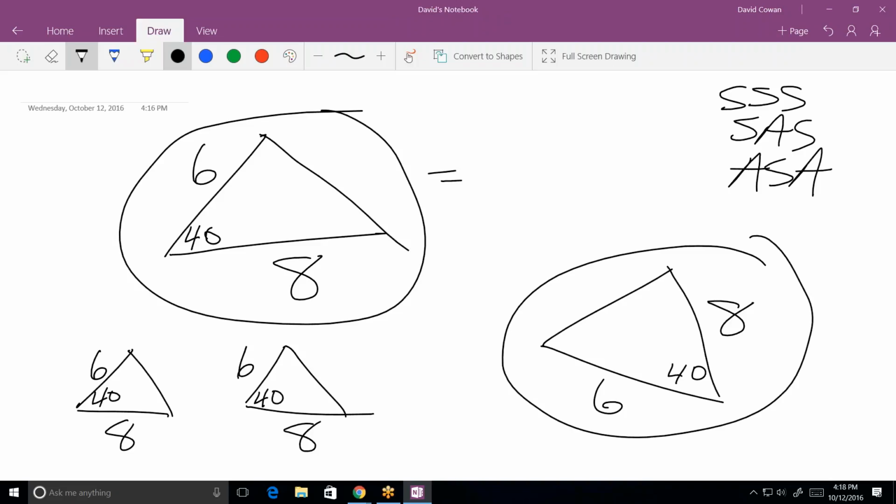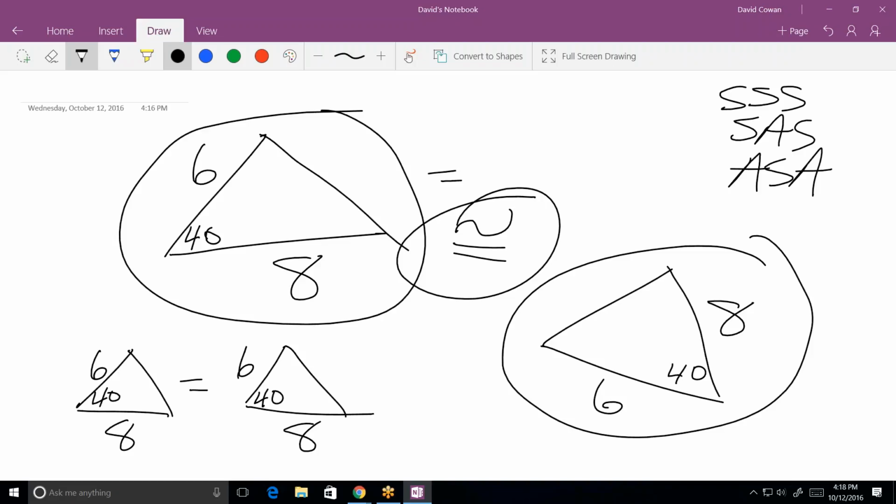But this one may be equal to that one, whereas this one is congruent to this one over here on the right. And the difference is that congruent triangles don't have to look exactly the same in space. In other words, I can rotate this, I can turn it around. As long as I have side angle side equals this side angle side, then congruency applies.